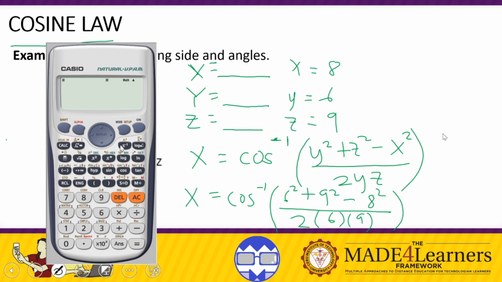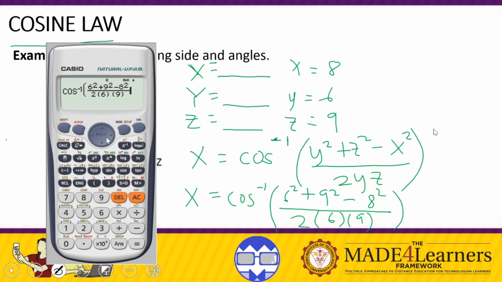So shift arc cos. Then it's a fraction: 6 squared plus 9 squared minus 8 squared all over 2 times 6 times 9.